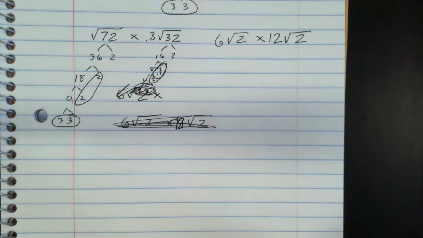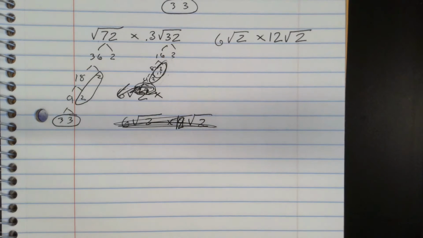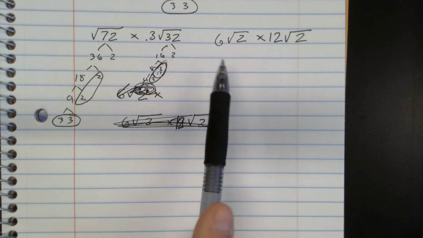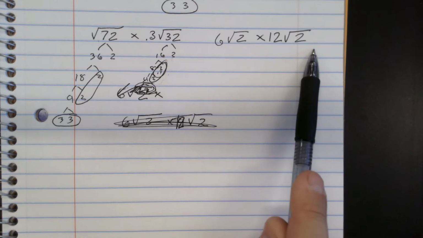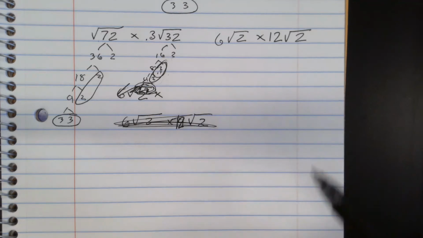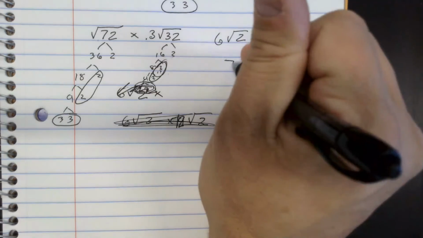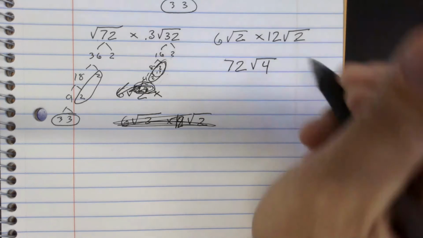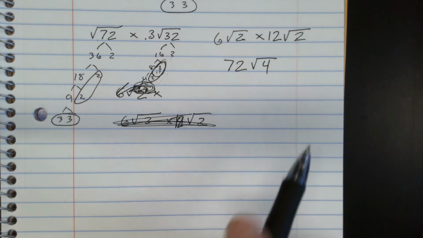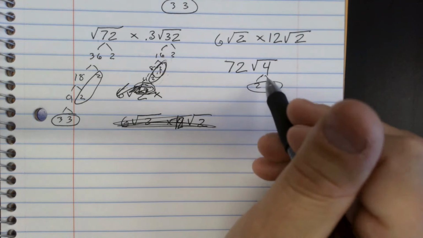Okay, now, does everyone understand why you want to simplify these first before you multiply? If you look at this, it looks far worse than this. Now we can just multiply what's on the outside together, so 6 times 12 is 72. 2 times 2 is the square root of 4. We can simplify again: the square root of 4 is just 2.